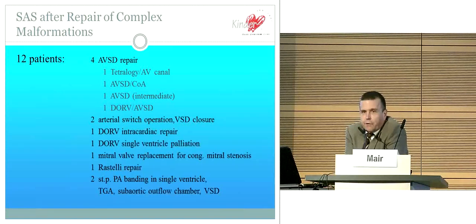One of them had a tetralogy with AV canal, one of them a DORV with a common AV canal, and one of them an AV canal with a coarctation. 2 patients had an arterial switch operation. The 2 patients with status post-PA banding were referred from other centers because in our institution this is a clear indication for a primary Norwood procedure.